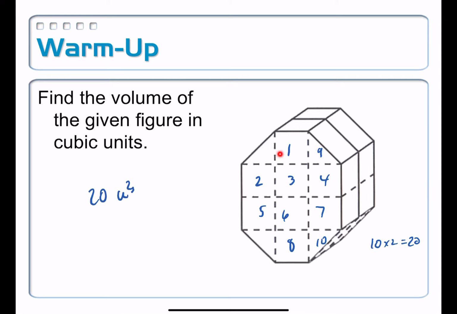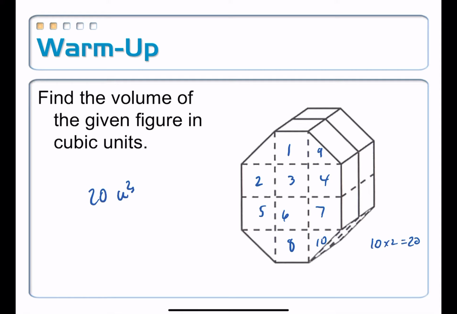Measuring the area of it was telling me how many cubes make up that layer. And then it was 2 deep, so multiply it by 2, and 2 is essentially the height. So basically what we did was multiply the area of the base times the height. And that is a general formula for volume that's going to work for so many figures, any kind of prisms and any kind of, let's say, a cylinder, shapes like that.